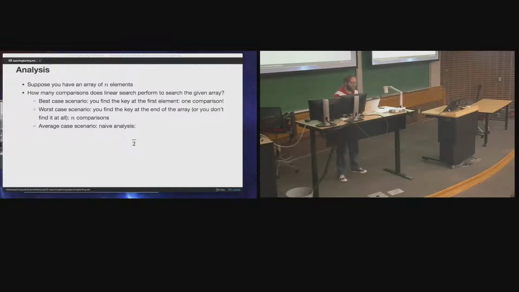The worst is n comparisons. The best is one comparison. Taking an average of those two would just be divided by 2. I'm going to say this is approximately n divided by 2. Forget about that plus 1. Another admission here is computer scientists do not like dealing with lower order terms. Forget about it, right? So, n divided by 2.